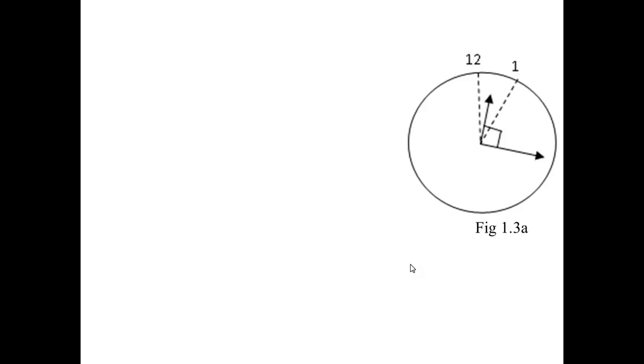This is the diagram given for the first part, when the minute hand and the hour hand are first at 90 degrees. The hour hand will have an angular displacement of theta 1 with respect to 12. So theta 1, the angle covered by the hour hand, will be omega subscript h, the angular velocity for the hour hand, times the time t1.